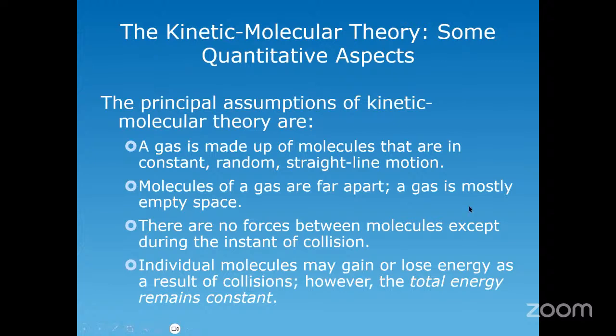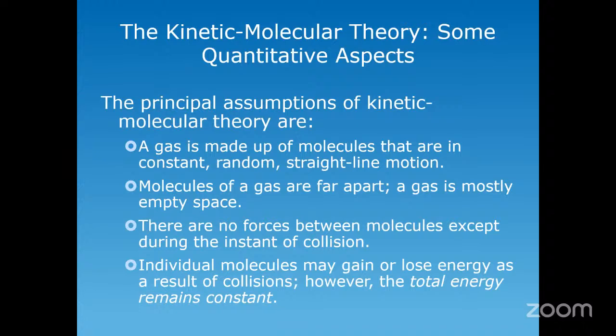So basically, these are the principal assumptions of the kinetic molecular theory, right? Again, these are all assuming that we're dealing with an ideal gas. The first one is that a gas is made up of molecules that are moving in a random fashion. Pretty much straight line motion is associated with the movement of these particles unless they collide with each other or they run into the walls of the container.